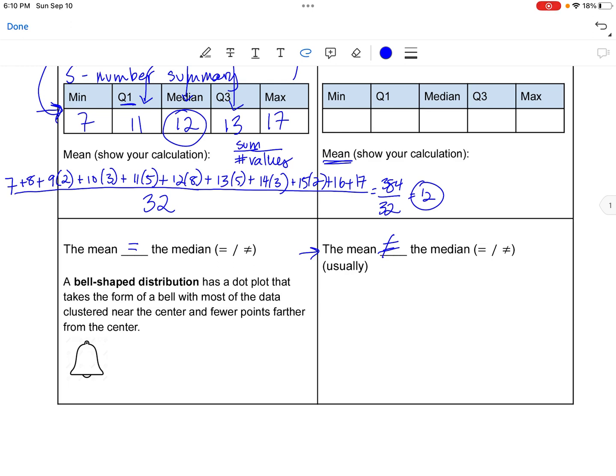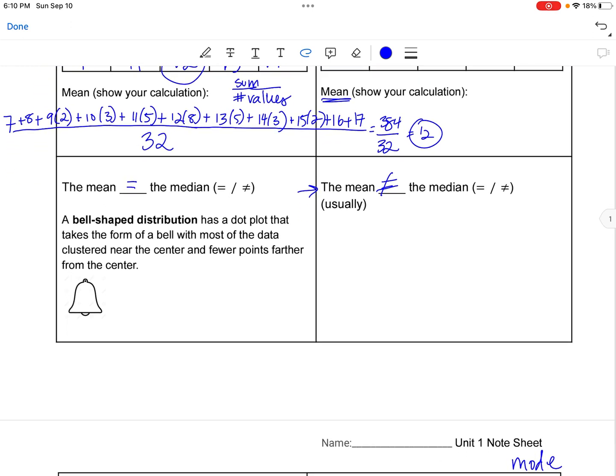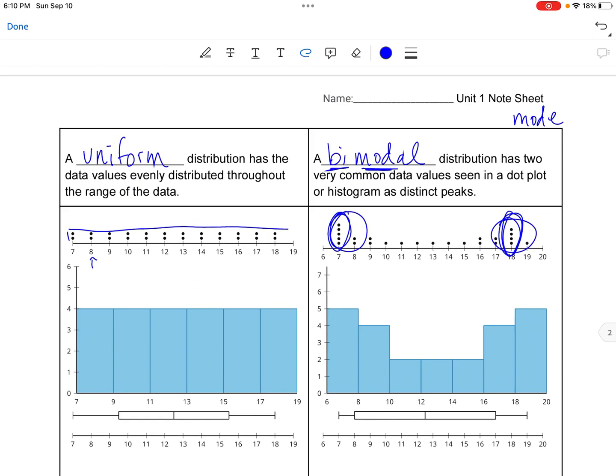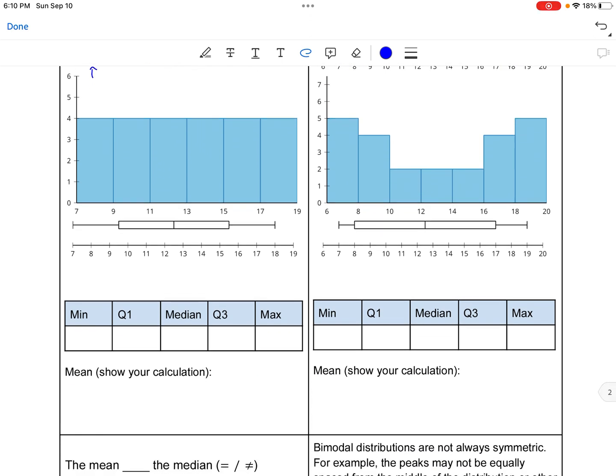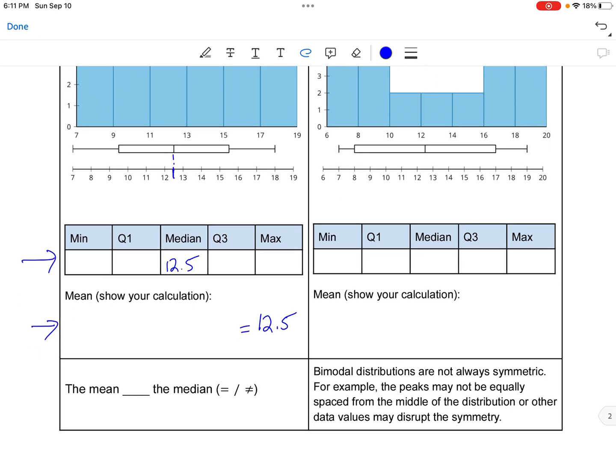They're usually not equal when you have skewed data. In a uniform distribution, you'll do the same thing. You'll fill out this box, you'll calculate the mean, and you will see, in this case, the median here is 12.5, and when you calculate the mean, show your work, you will see that it also equals 12.5. So in a uniform distribution, the mean and the median are equal.